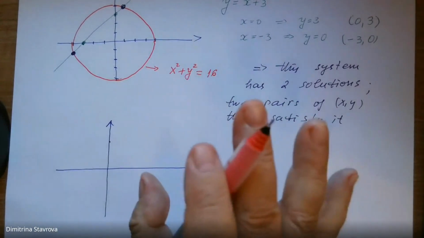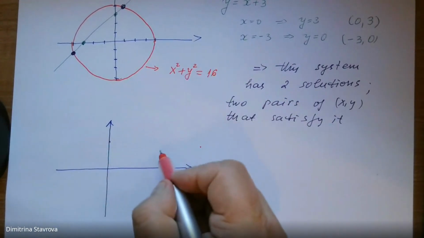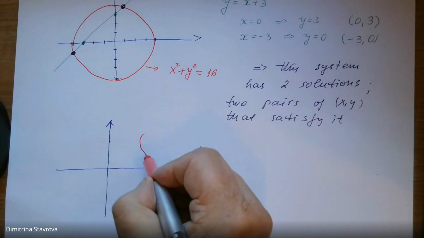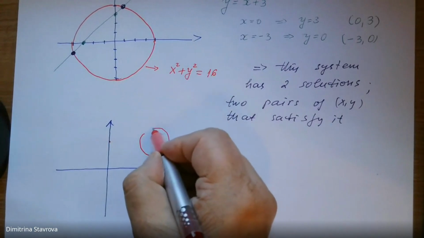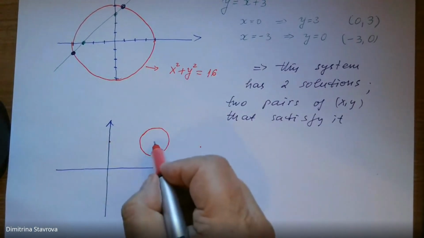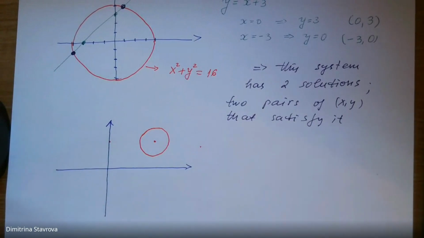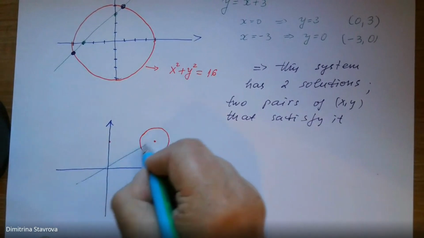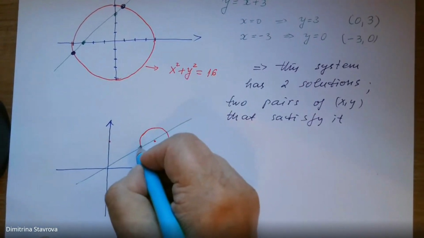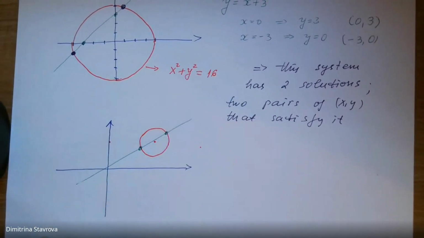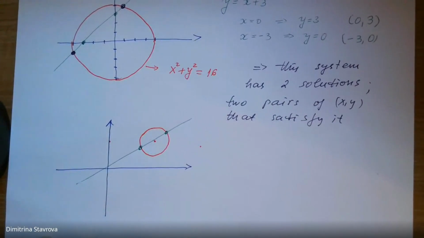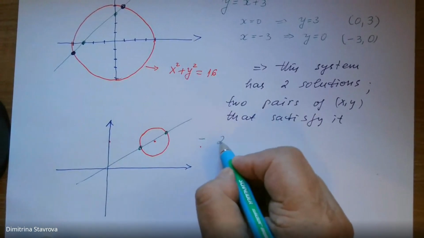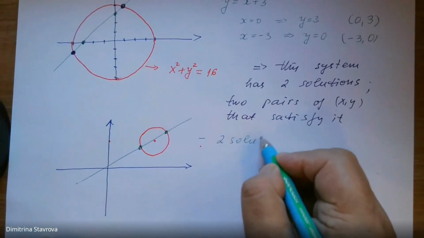In fact, it is not important that the center is at the origin. So we have a certain circle and a line. Always, if the line intersects the circle, the corresponding system will have 2 solutions.